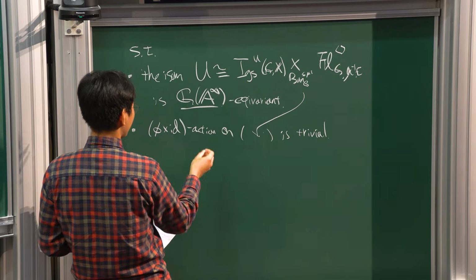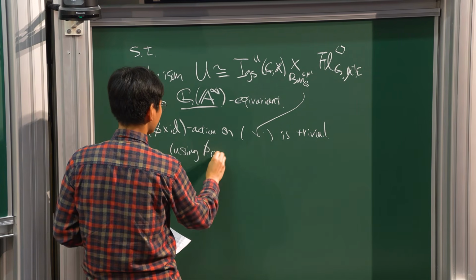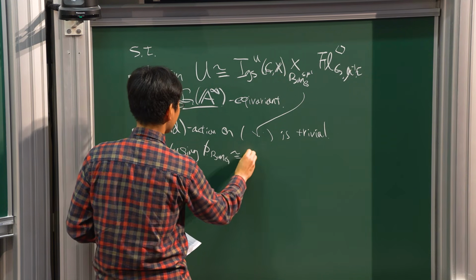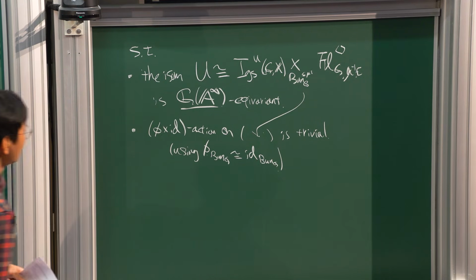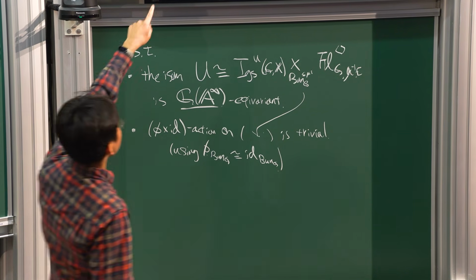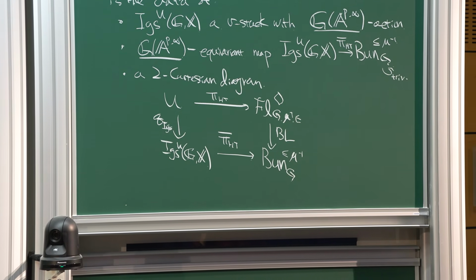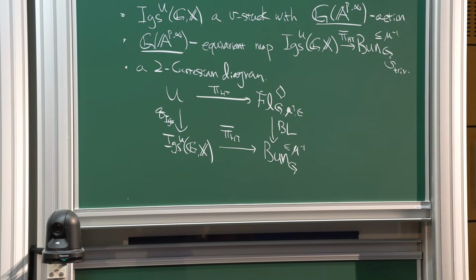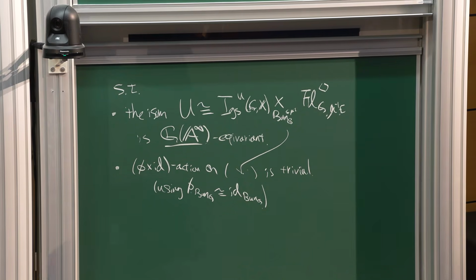And then to define the phi times identity action, we use phi on Bun_G, and identity on the other factor. And that is the end of the definition. I admit it's a bit of a mouthful, but it's really just this Cartesian diagram plus the natural Hecke covariance we want, plus this tiny fact that the Frobenius acts trivially on the Igusa stack.